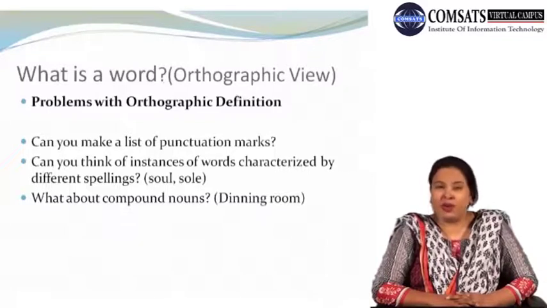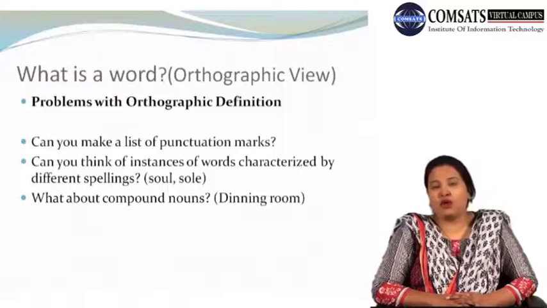So in orthographic form we can identify what these spellings are, but still we have confusion with words like bank. I went to bank. Which bank? The bank of the river, or the bank where you deposit money. So there are confusions with the words in orthographic form.